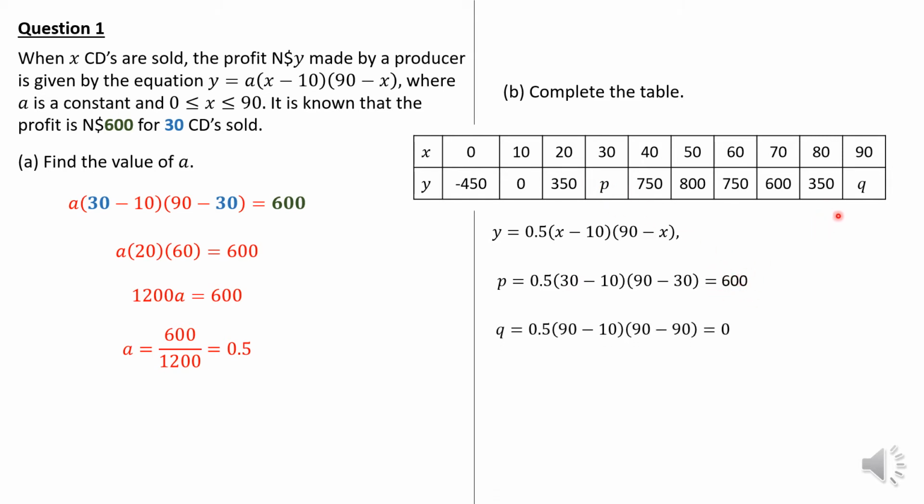Now when x is 90, everywhere you have an x, you replace it with 90, and that is how you find the values of y in that case. For the value of 30, I substitute 30 here, but remember this one we already did, and I know what my output will be. So you must make sure your table is complete and everything is in order.